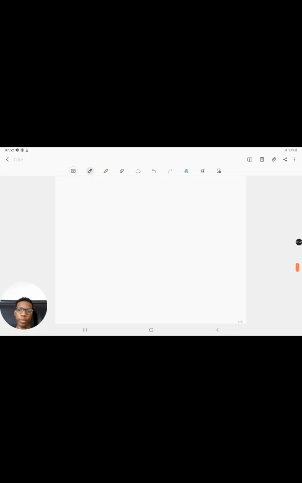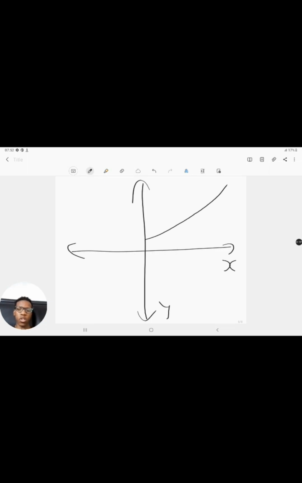Now, just to recap what we covered in the previous video, you will remember the following. When you draw your Cartesian plane, just remember to always label your Cartesian plane, your x-axis and your y-axis. Remember that the original graph looks like that. The graph from your original equation looks like that.